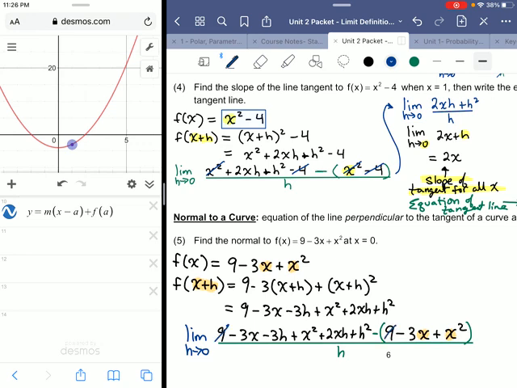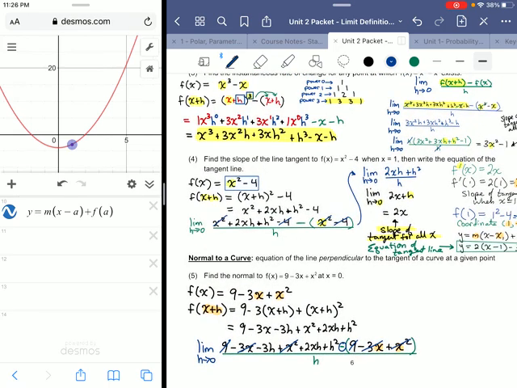Alright, so the 9 minus the 9 goes to 0. Negative 3x minus the negative 3x, negative 3x plus 3x goes to 0. X squared minus x squared goes to 0.